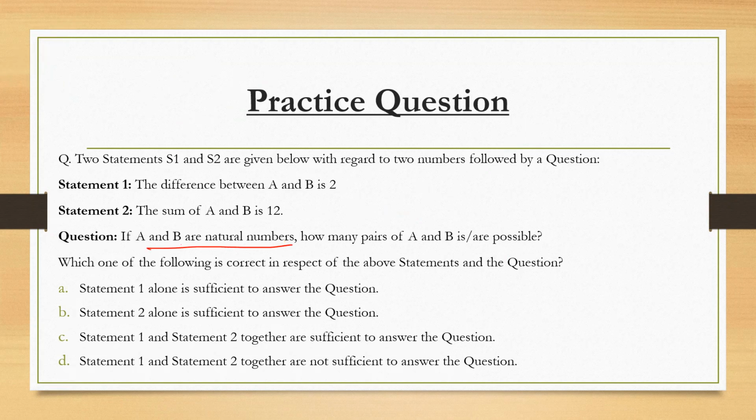Then in that case, how many pairs of a and b are possible? Statement 1 says the difference between a and b is 2. Statement 2 says the sum of a and b is 12. So think it through. Tell me which statement answers your question.